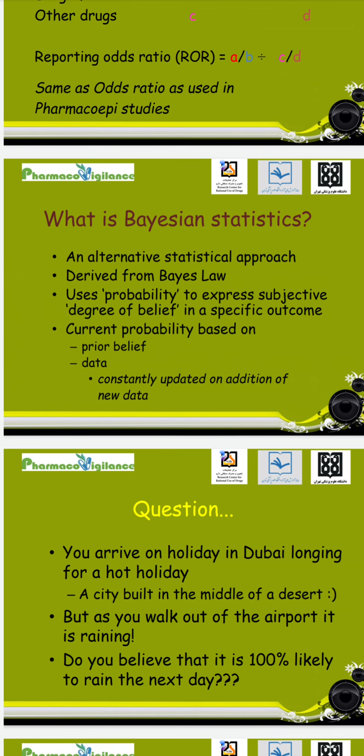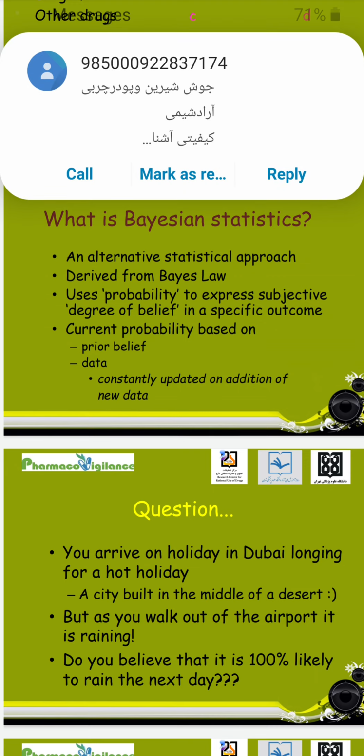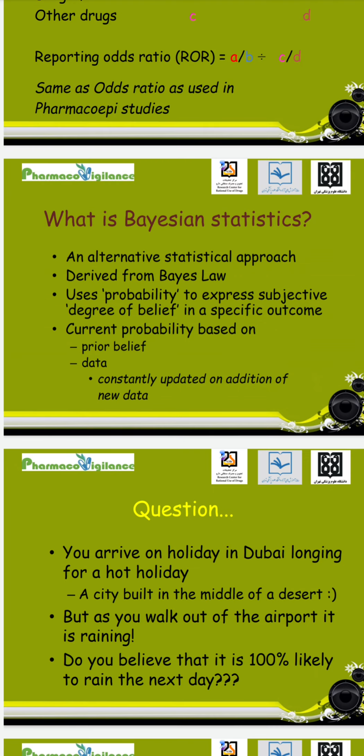What is Bayesian statistics? It is an alternative statistical approach derived from Bayes' law that uses probability to express a subjective degree of belief in a specific outcome.